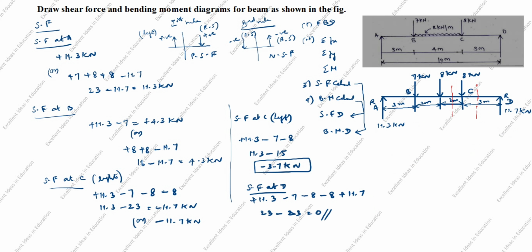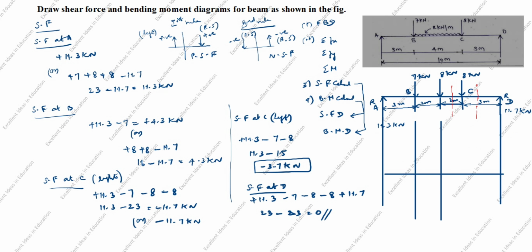Now we will draw the shear force diagram. You see the shear force at A is plus 11.3 kilonewton. It starts from 0 up to plus 11.3. Next, B. Shear force at B is plus 4.3.